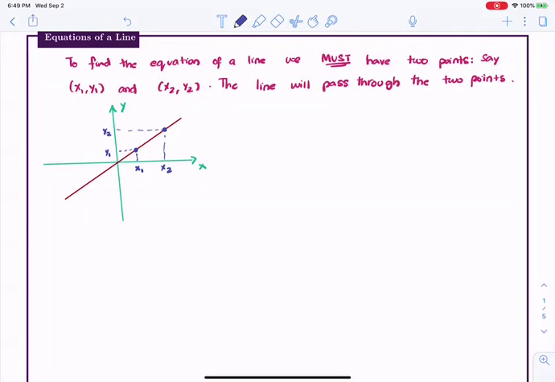So eventually, the information that you have should be complete. And when would it be complete? If you have 2 points, then it would be complete.